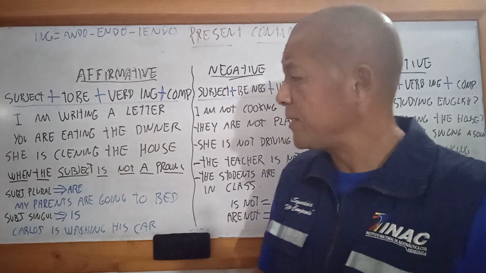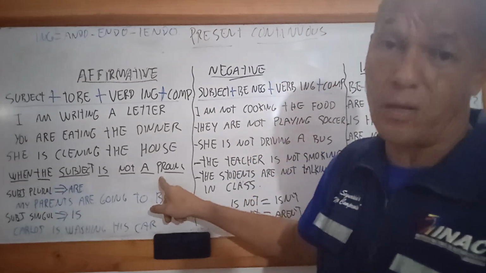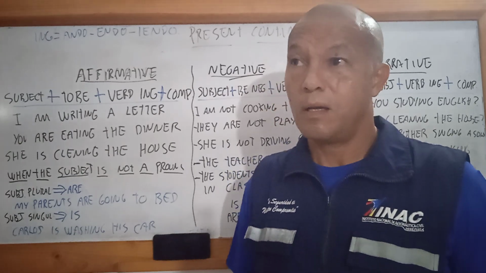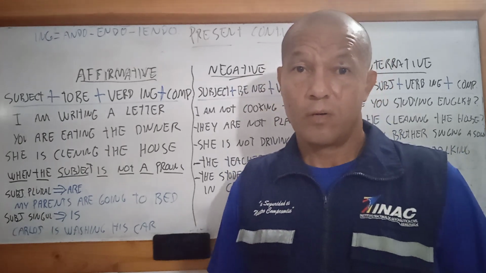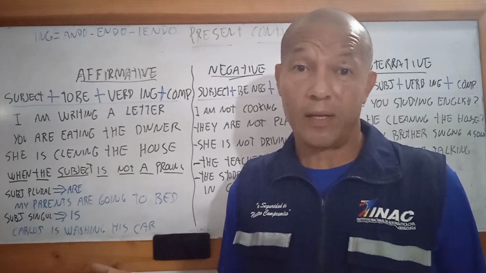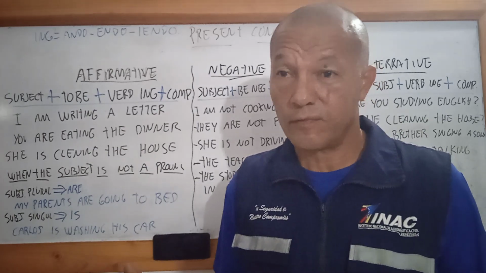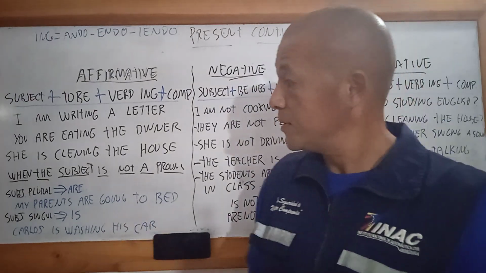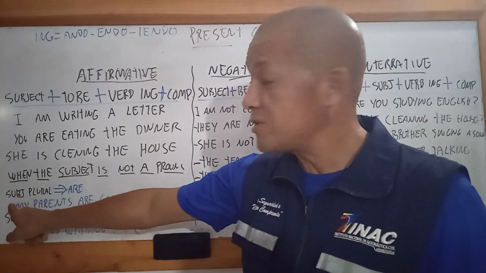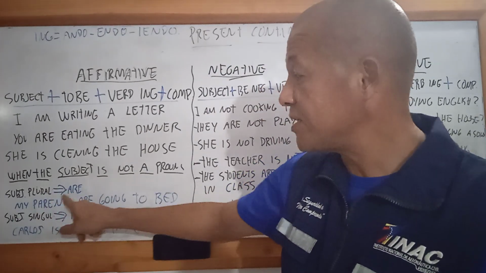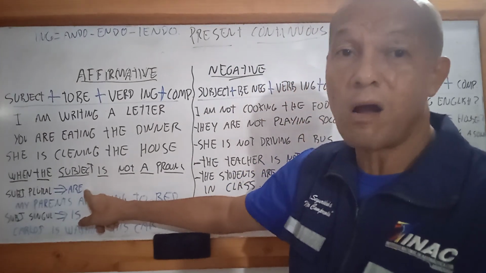But what happens when the subject is not a pronoun? When the subject is a name, a personality, a member of the family, or any other name but not a pronoun. For example, when the subject is plural, the verb to be that you have to use is are.